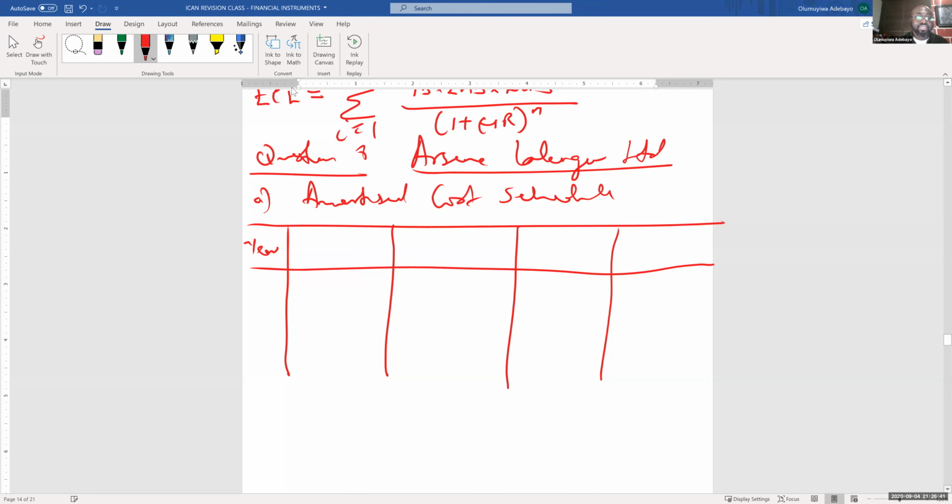These are my years. The first year ends in 2018, but starts in March. The second one ends in 2019. What is my amortized cost at the beginning of the year?